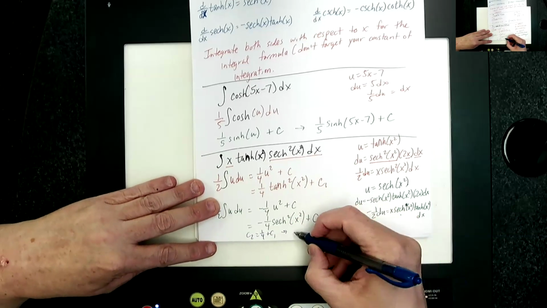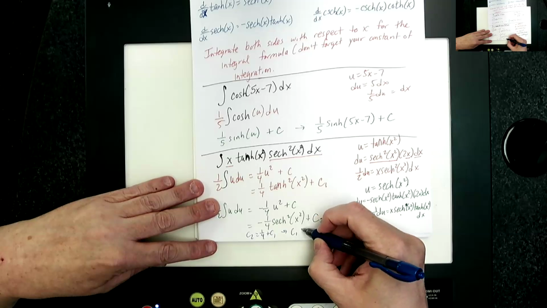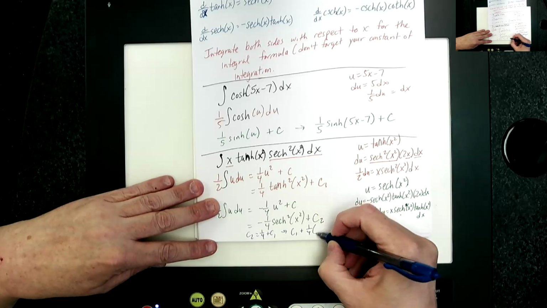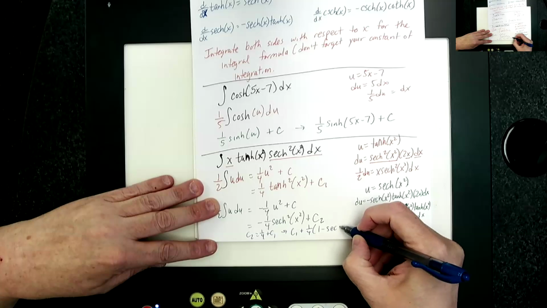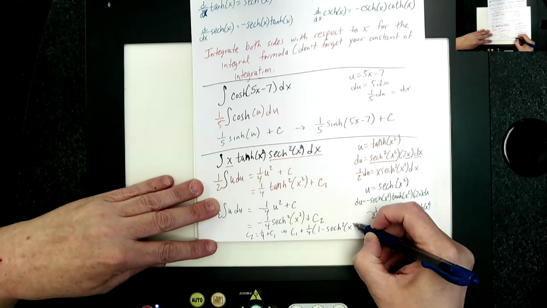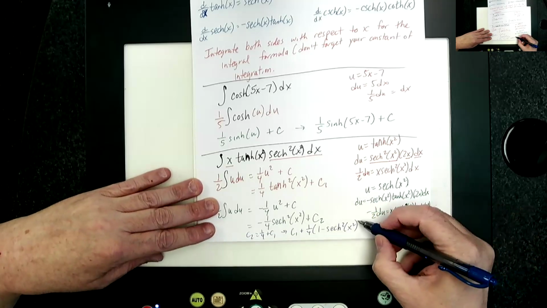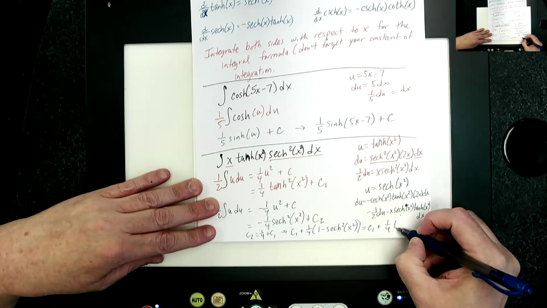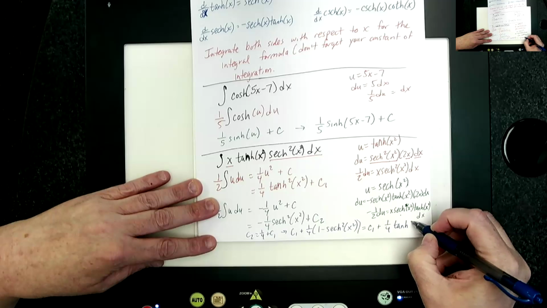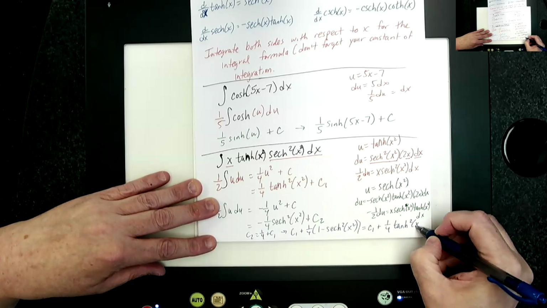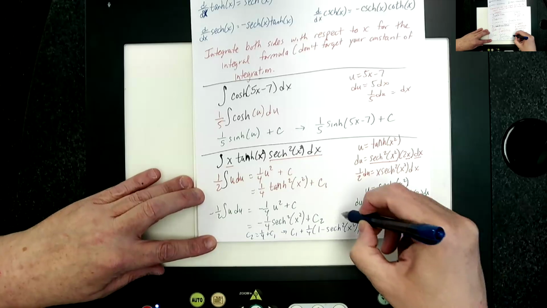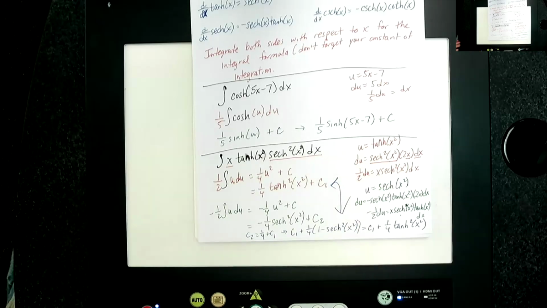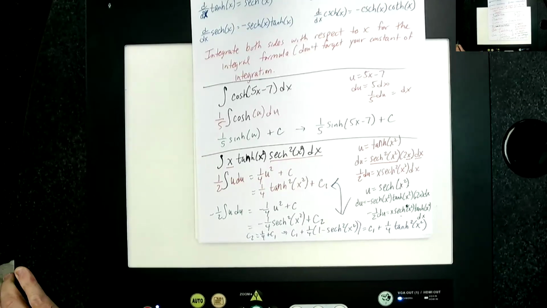I've got C1 plus 1/4 times 1 minus c squared x squared. And that gives me my C1 plus 1/4 tanh. So we can connect the two, but there was more than one way to solve it. That's kind of neat.